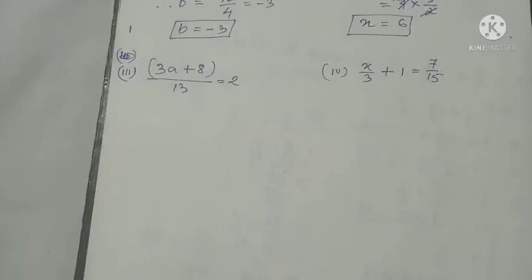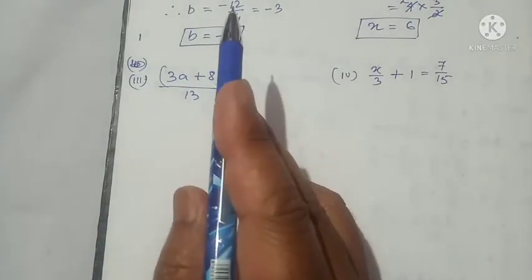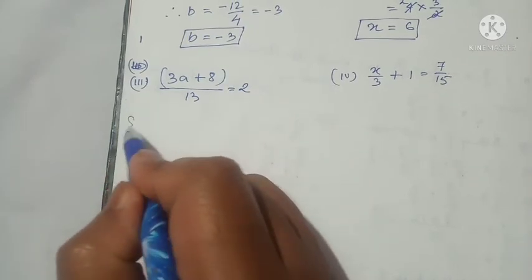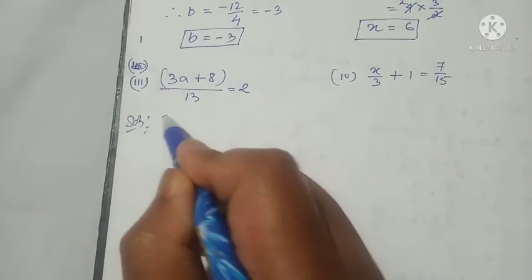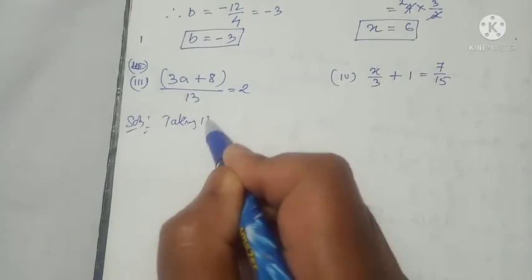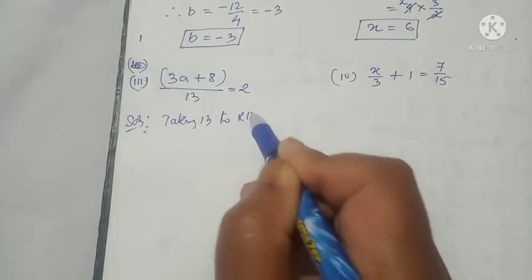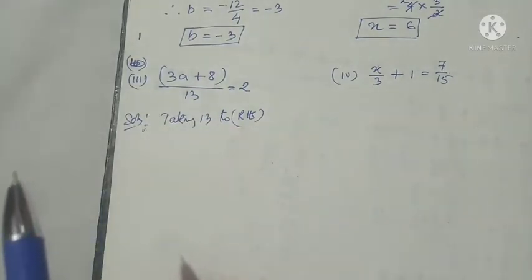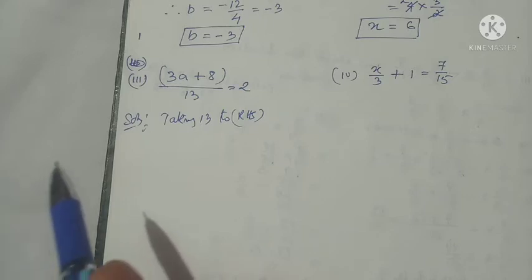The next question is also the same as question number Roman numeral 1. So let's discuss. First, take the 13 to the right hand side. Same thing here also, we have to change the denominator.